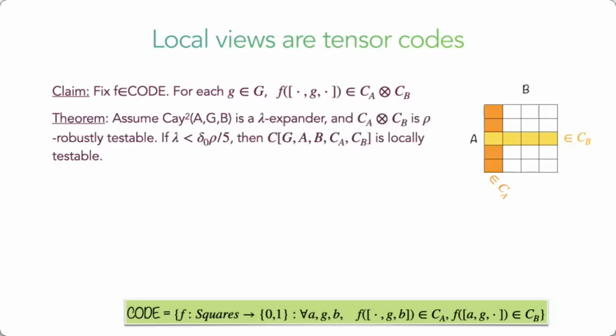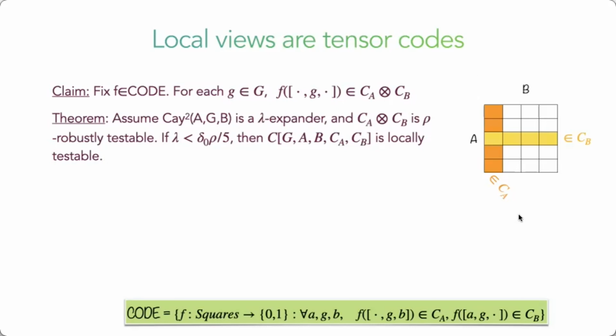And so this is the theorem we prove. We prove that if you take this Cayley complex with a group and two generator sets that make an expander, and if there is some condition on the tensor code, so the fact that a tensor has redundancy is always true, but we need an additional property called robust testability. It's some property about the tensor code.